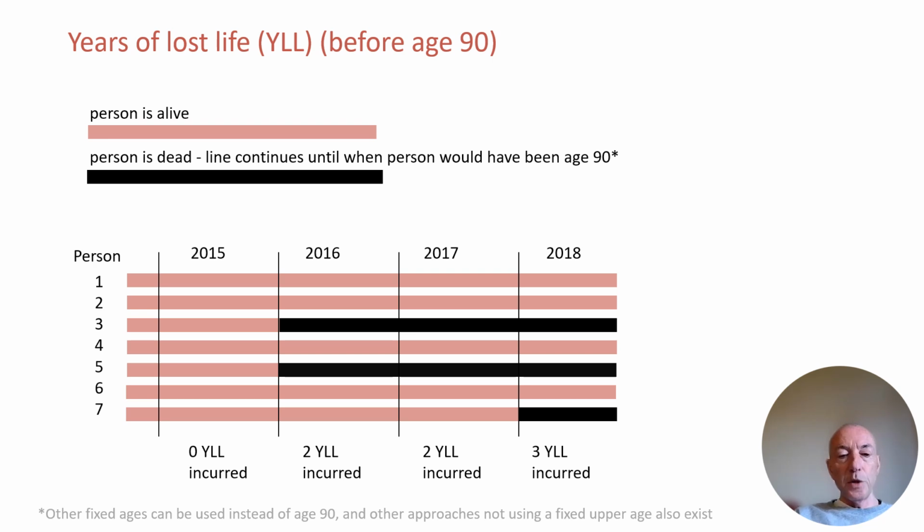So now we have the same, the person when they're alive is in pink, but after they've died, the line continues in black until the time when they would have reached age 90. So if we then count the black lines, in 2015 there were no years of life lost incurred, but in 2016 there was 2 years of life lost incurred because person 3 and person 5 had died, and both of them would still have been less than age 90 had they been alive.